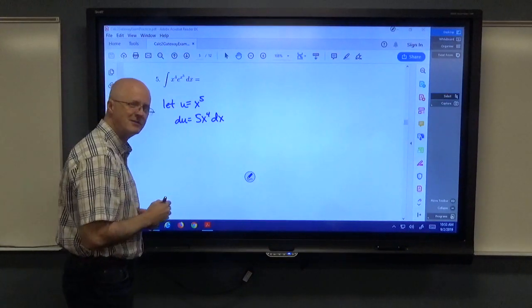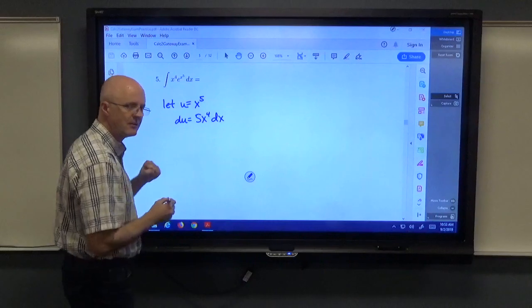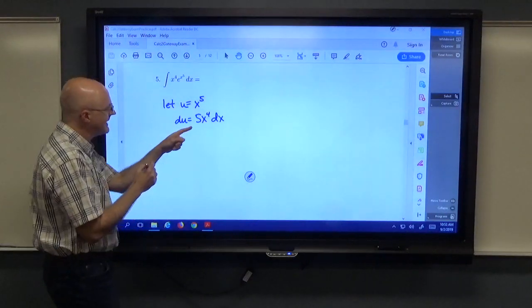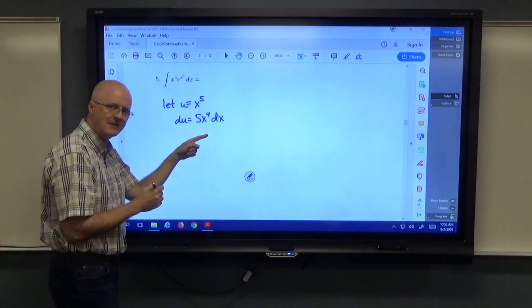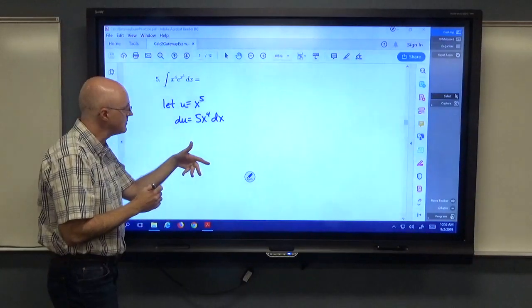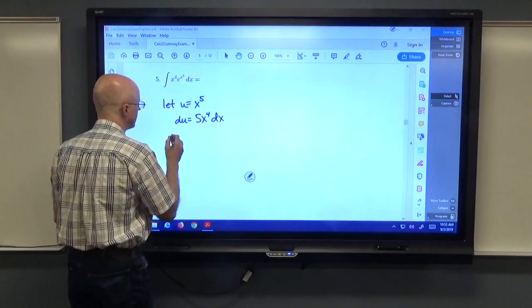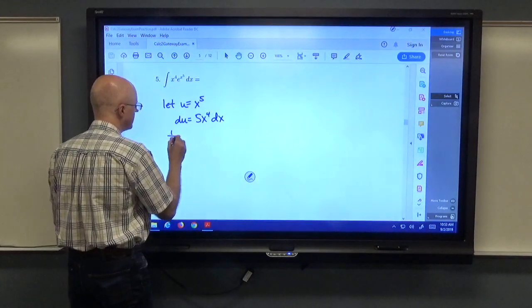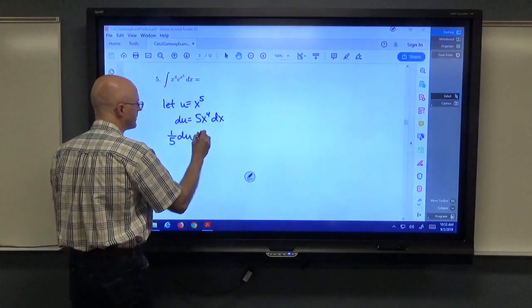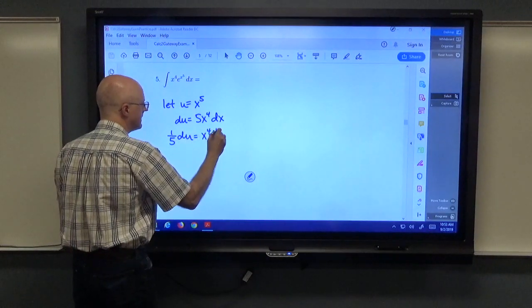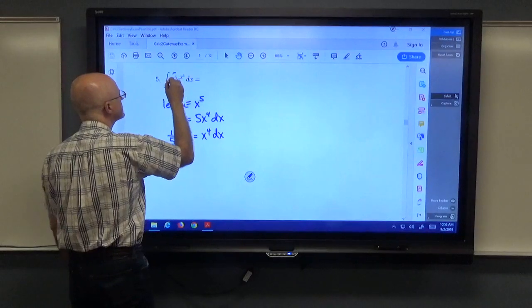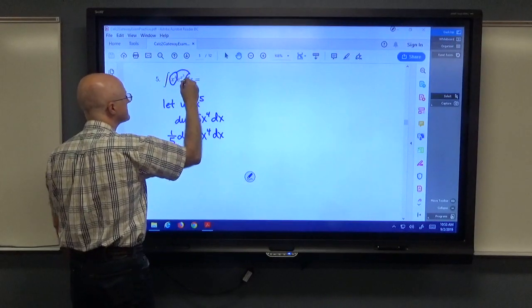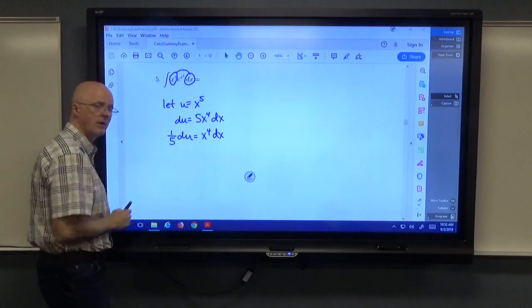We're almost to the point where we can do the right thing here. Instead of dividing both sides by 5x to the 4th to get dx in terms of du, it's better to just divide both sides by 5 to write 1/5 du as equal to x to the 4th dx. Because now this times this can be replaced with 1/5 du.